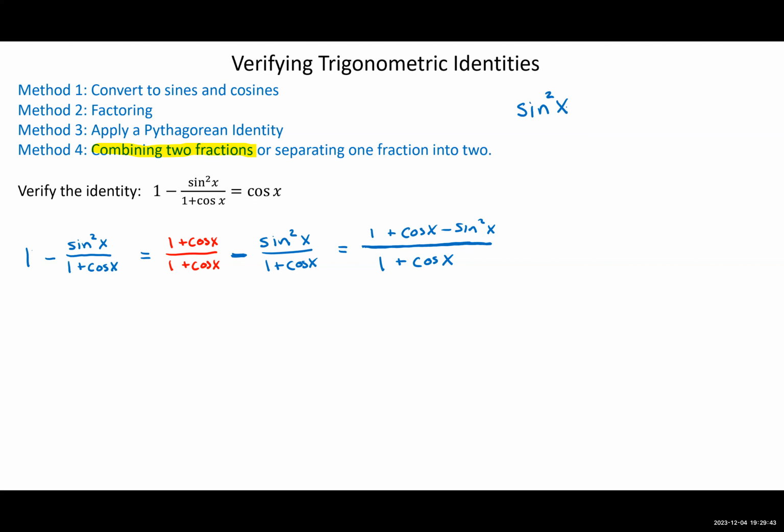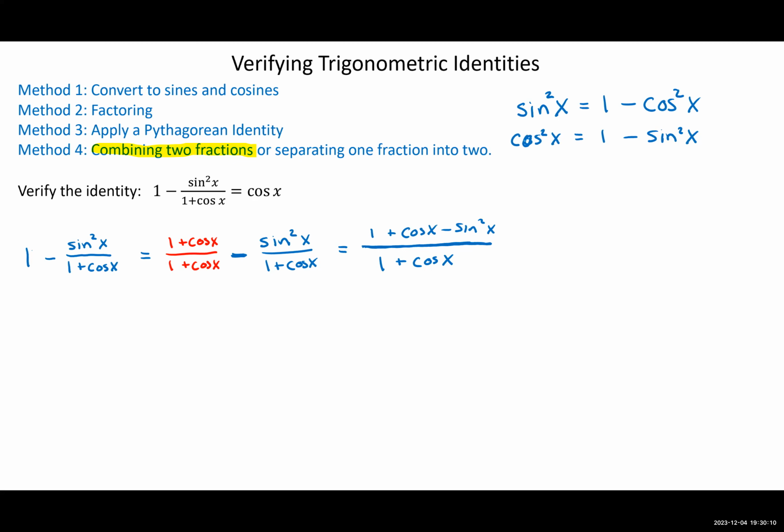Sine squared is equal to 1 minus cosine squared. We also have the cosine squared is equal to 1 minus the sine squared. So which one are we going to use?